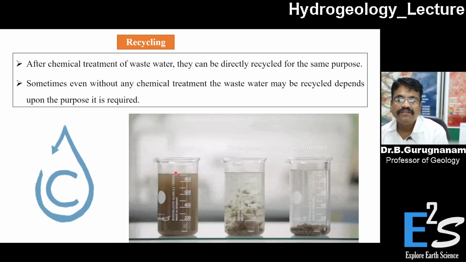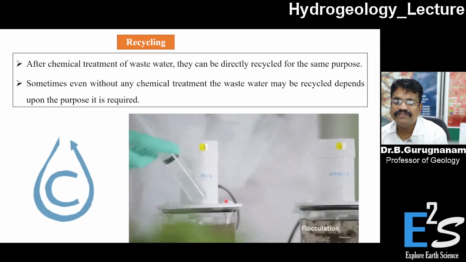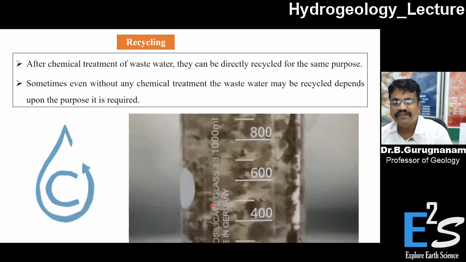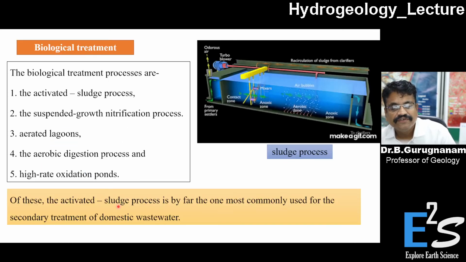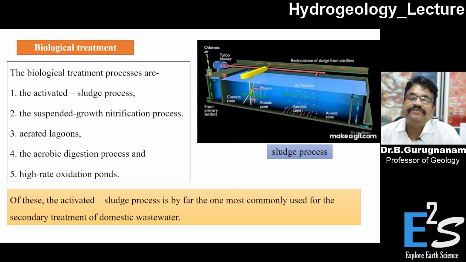You see, different agents are applied to the water system, flocculation, and then the water gets treated well, and then it starts being utilized. Coming to the biological treatment process, this is the video of the sludge process, and how the sludges come.